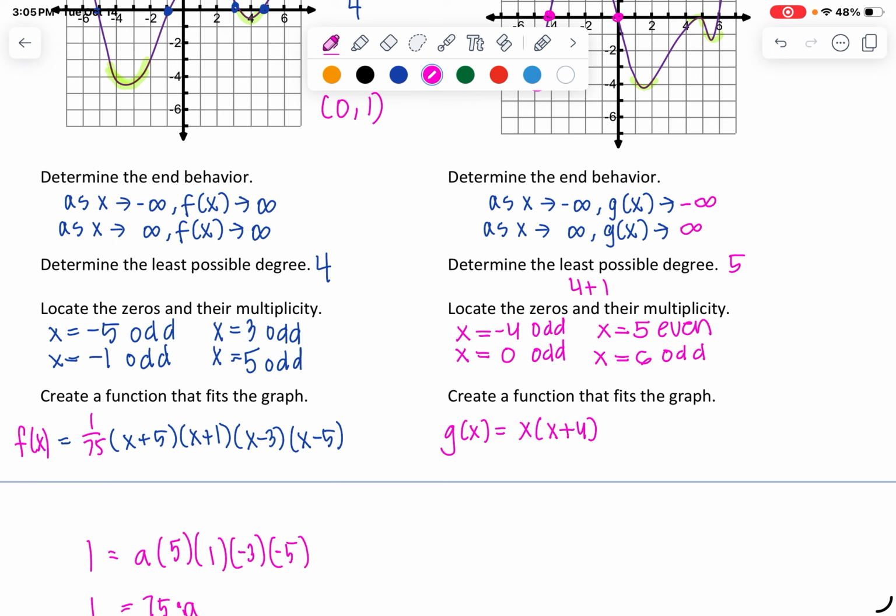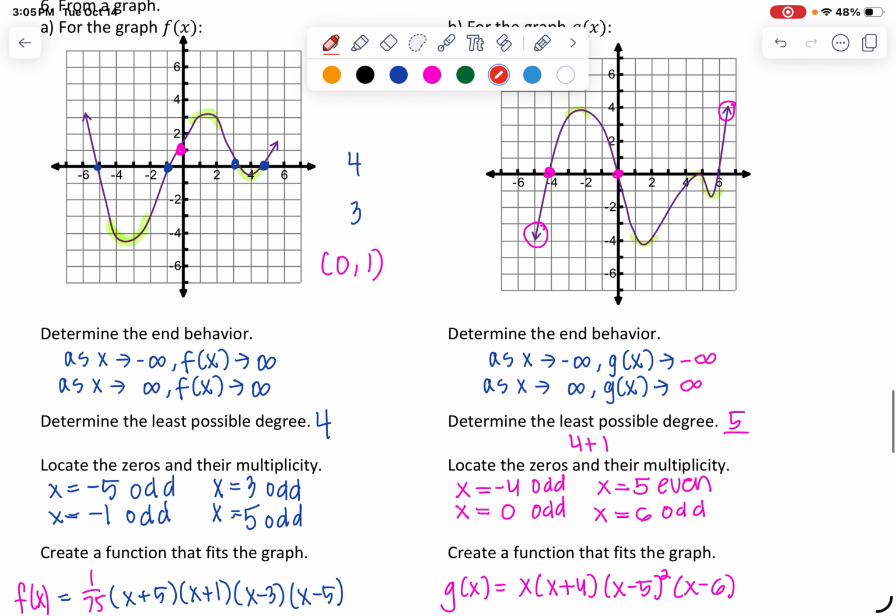It's odd, so leave it as a 1. 5 is a 0, so x minus 5 is a factor, even, so I'm going to square it. And then 6 is a 0, so x minus 6 is a factor, odd, so I'm going to leave it as a 1. Oh, also, I said the least possible degree is 5, and if you look, this degree is 5. Okay?